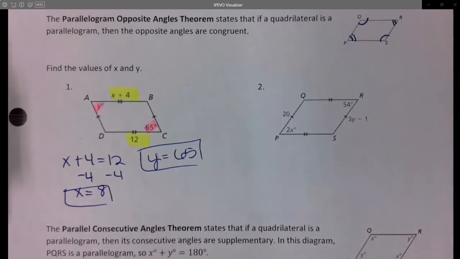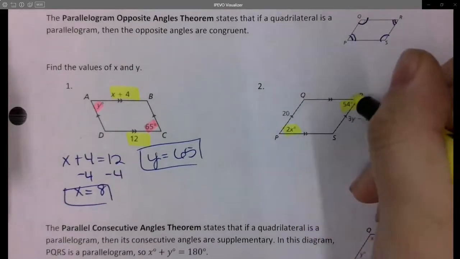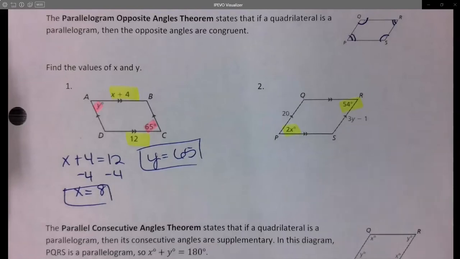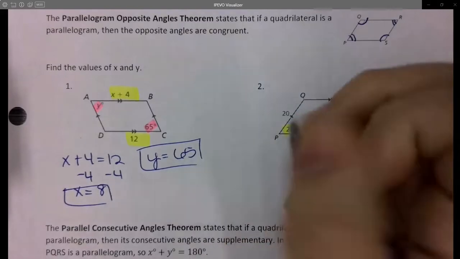So number 2, x on this one is an angle, and it is opposite angle R. So I'm going to have 2x equals 54.